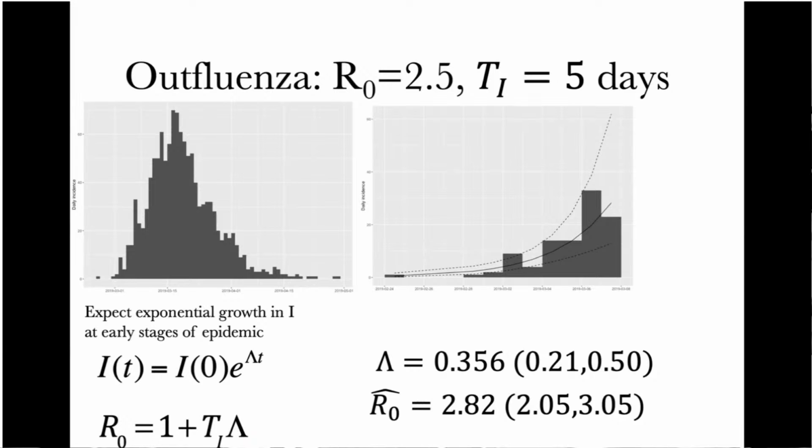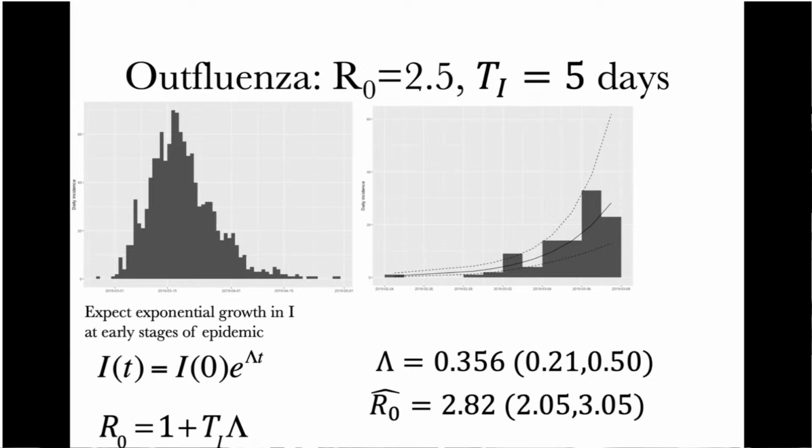This data is actually simulated, and it was simulated with an R naught of 2.5 with a duration of infectiousness of about 5 days. You can see you're getting a closer estimate on R naught via a very simple statistical model.